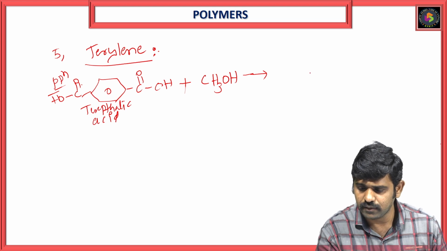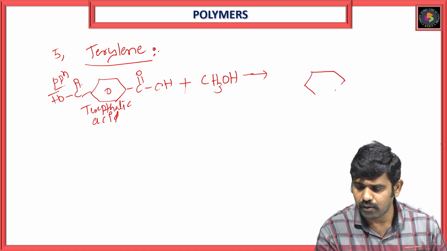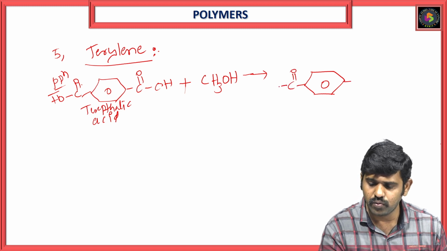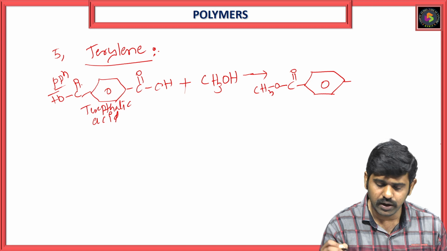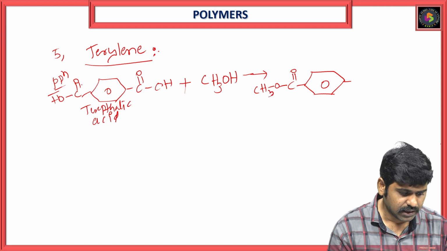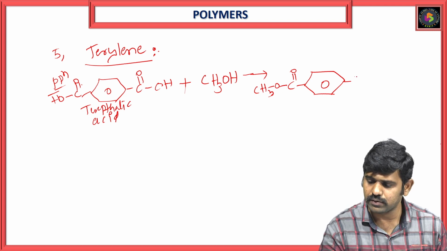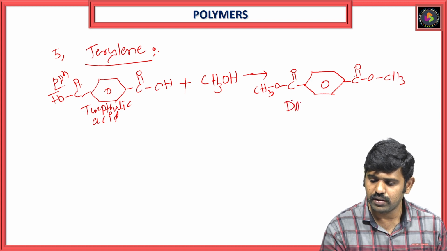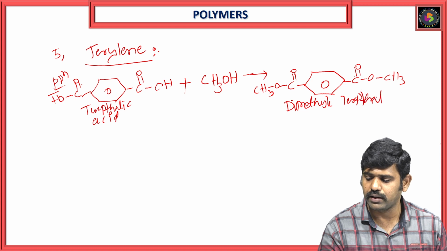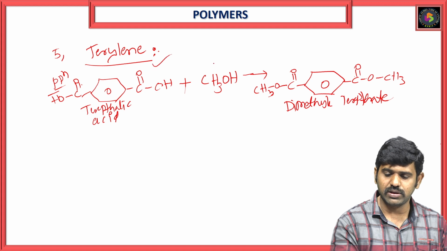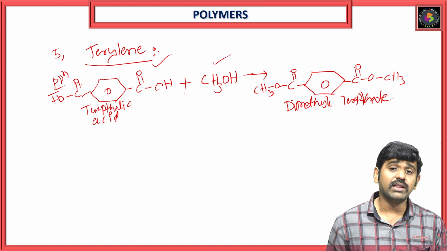That is dimethyl terephthalate, COOCH3, which is nothing but an ester. First, terephthalic acid reacts with methanol to form dimethyl terephthalate.